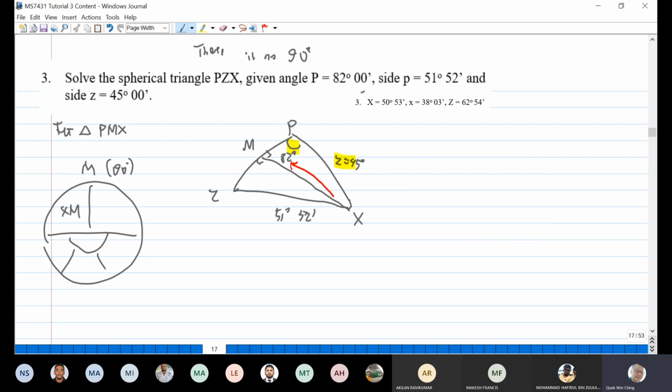Then leaving M, clockwise, is MP. Then I meet the angle P. Leaving angle P is PX, so this is PX here.